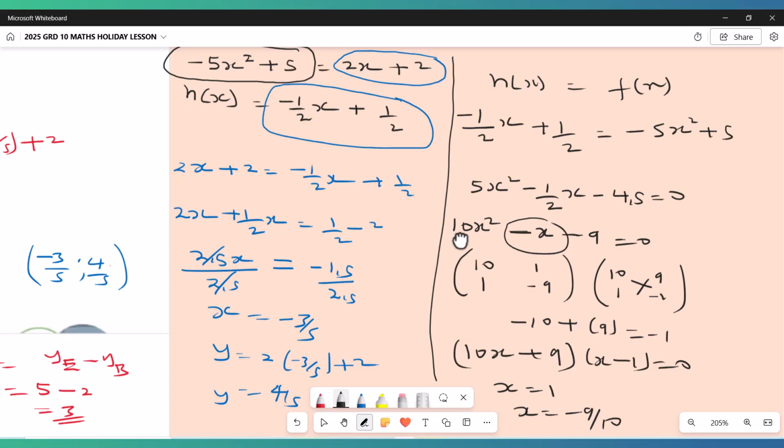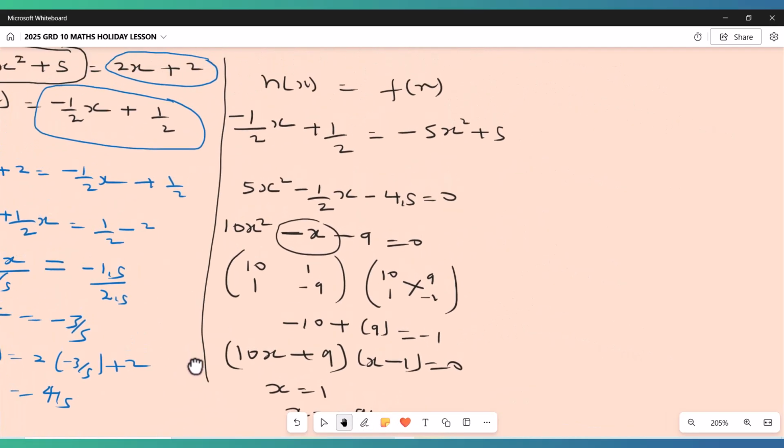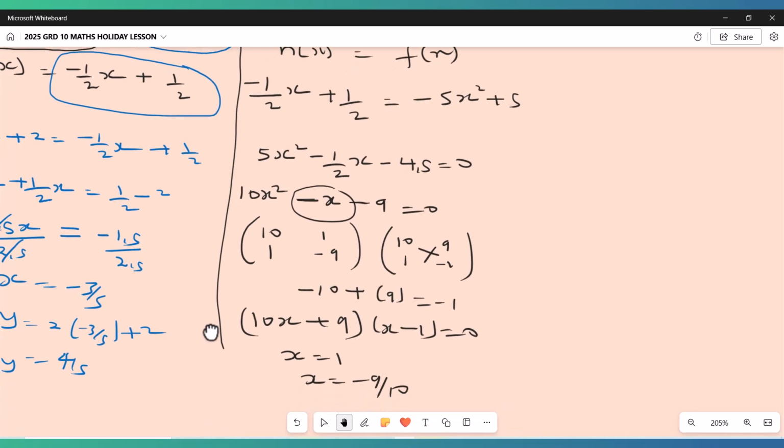But I need to find the corresponding y values. So I'm going to use the line again to get the corresponding y values here. I'm going to use the h of x. Hope it is simpler than the f of x. Oh no. I'm going to use this h of x with these values here.